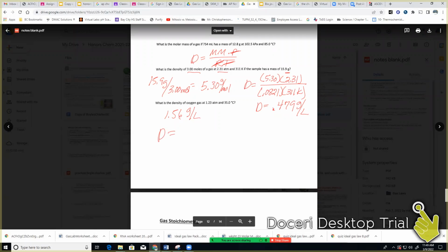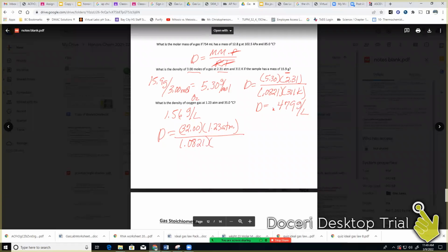So my molar mass, because it's oxygen, I know it's O2, so that would be my 32.00. And then my pressure was 1.23 ATMs. My R, because it's in ATMs, was 0.0821.